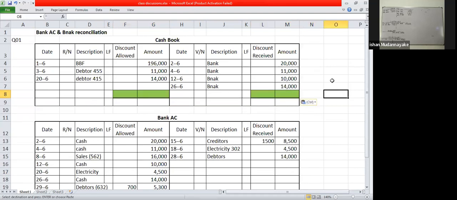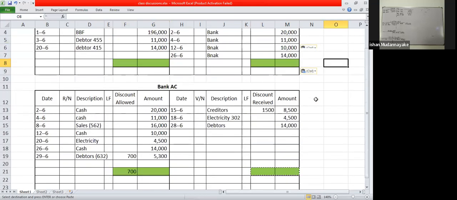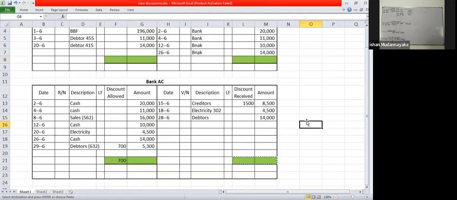In the cash book we can't see discount allowed and discount received, but in the bank account we can. Please write down the discount allowed amount 700 here, and the discount received amount 1,500 here.